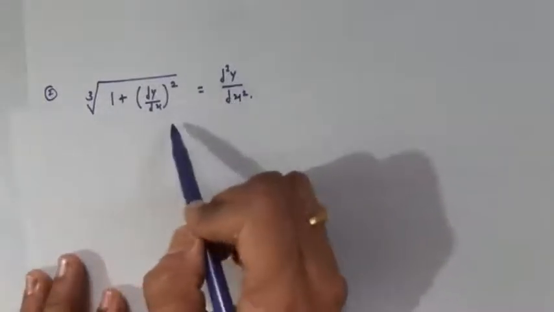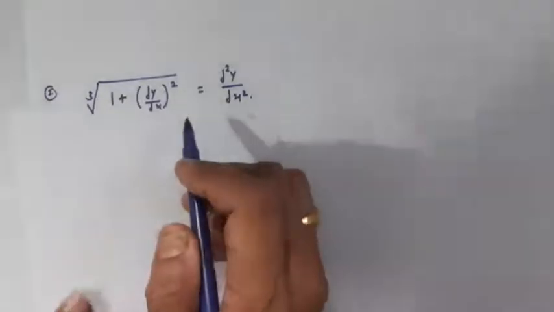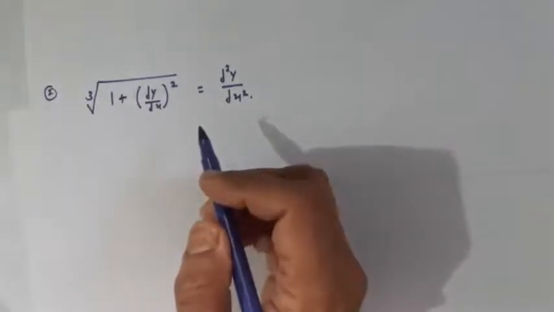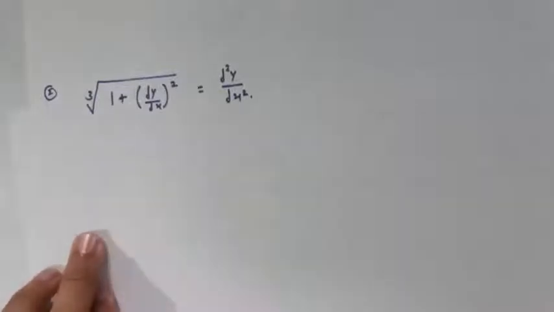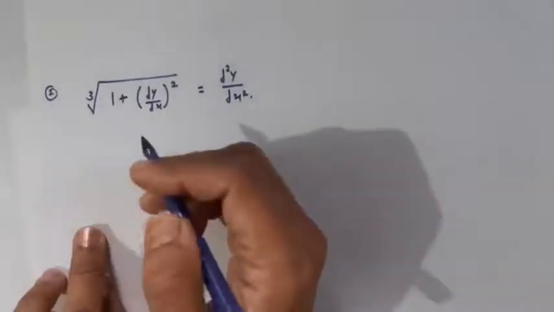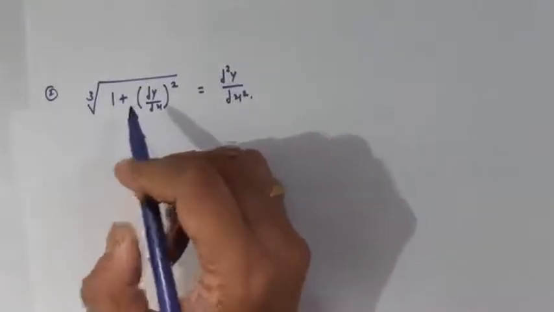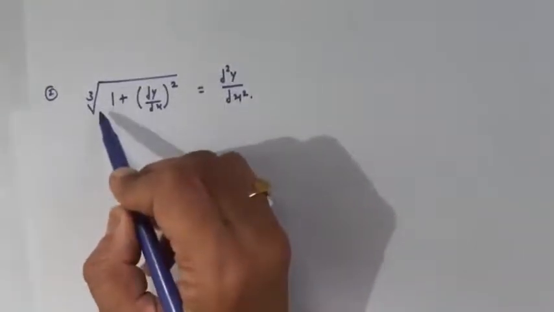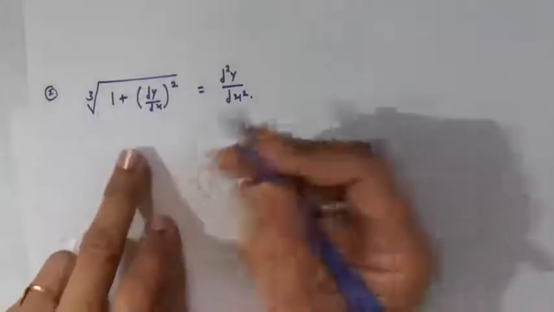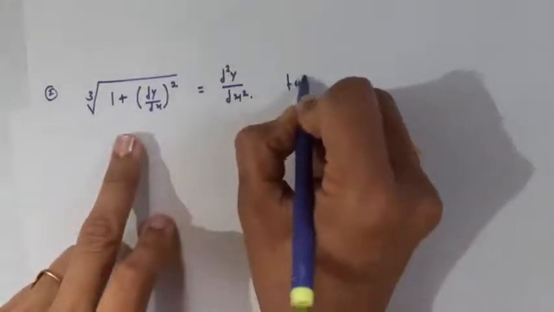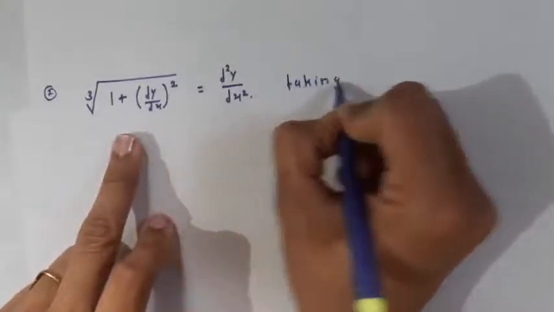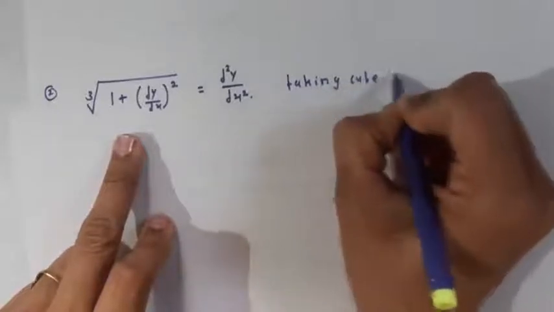First simplify the terms. At LHS there is the cube root, so taking cube on both sides.